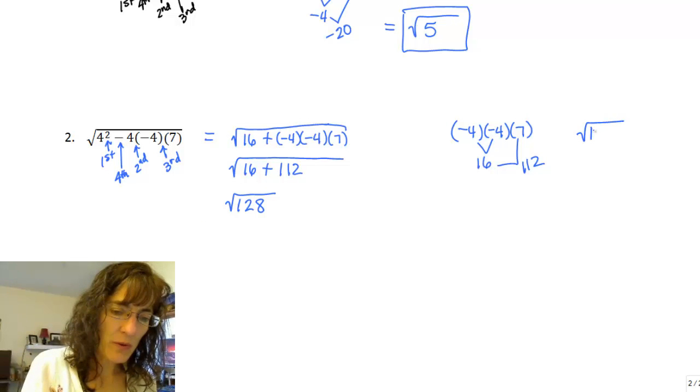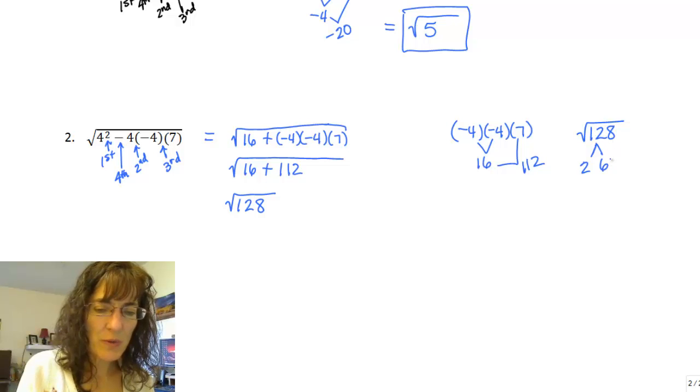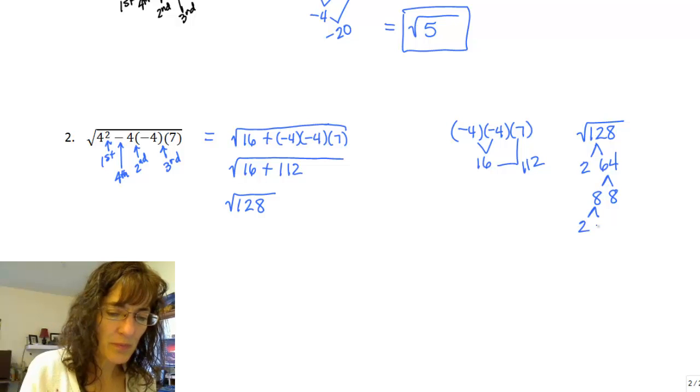So I have the square root of 128, and I know it's divisible by 2, so when I divide by 2 I get 64, and then that's nice because I know that's 8 times 8, and 8 is 4 times 2, and that's 2 times 2.